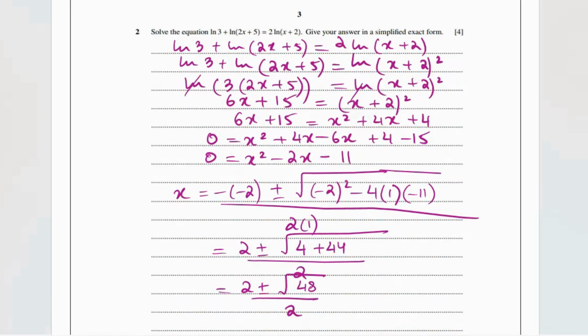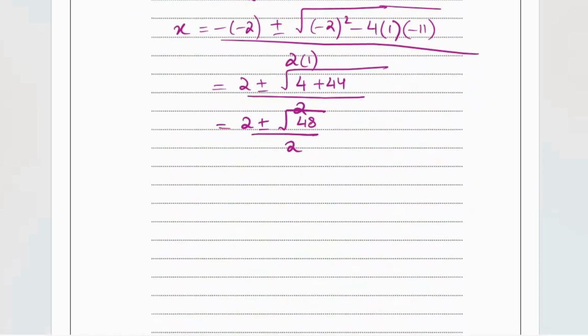We can't take the square root of 48, but we can factorize it. That's 6 times 8, which can be rewritten as 3 times 2 times 4 times 2, which will again be 3 times 4 times 4.